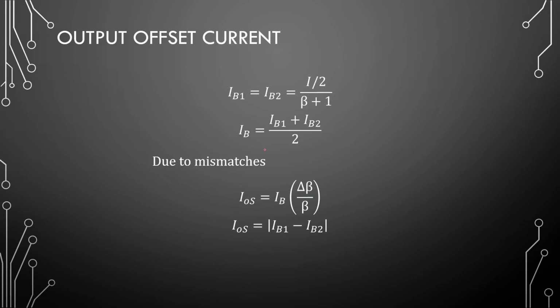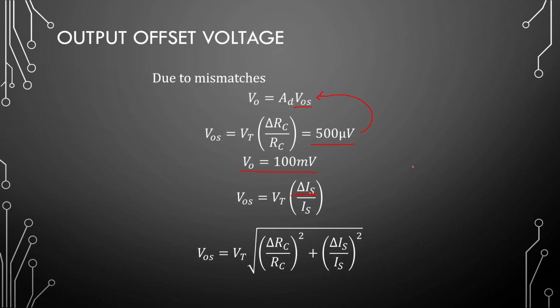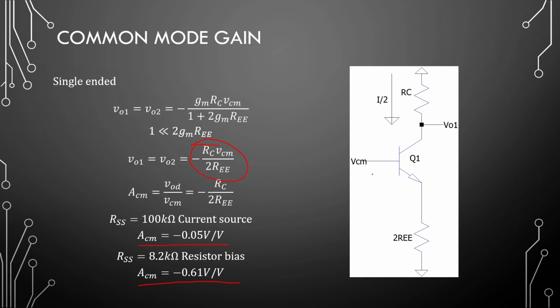Right. We also get offset currents for our BJTs. So typically the current flowing into the two bases. For NPNs, it's flowing inwards. If it's PNPs, they will be flowing outwards.